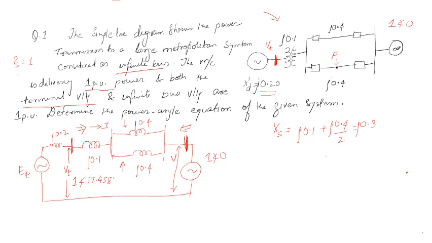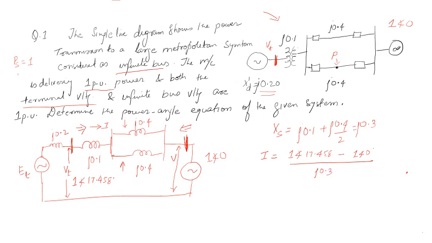If you want to write the I part, I is the voltage difference between these two, divided by this. So I can say 1 at an angle 17.458 minus 1 at an angle 0, divided by 0.3.